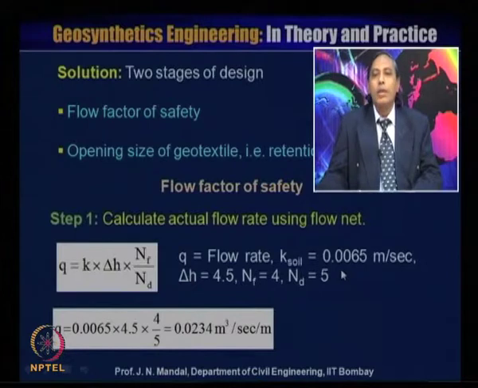K soil is given as 0.0065 meter per second and delta H is 4.5. NF we know is 4, ND is 5. So if we substitute these values, Q will be equal to K, 0.0065, into delta H, 4.5, into NF, 4, divided by ND, 5. So ultimately Q will be 0.0234 meter cube per second per meter.